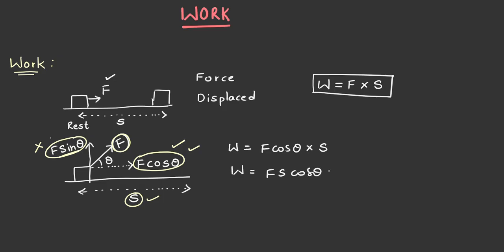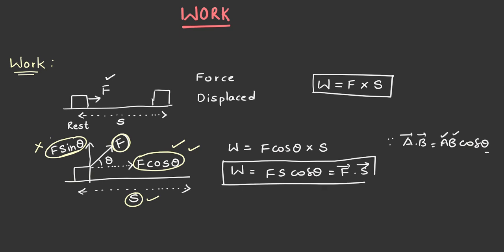We know that the formula of dot product A bar dot B bar is equal to AB cos theta, where theta is the angle between A bar and B bar. Here, since it is Fs cos theta, we can similarly write it as F bar dot S bar. So this is the most general formula for the work done.